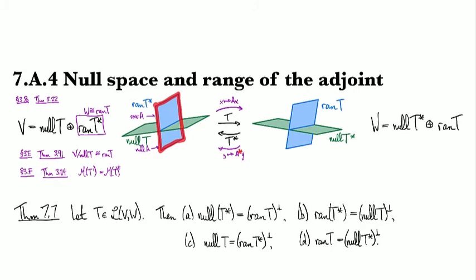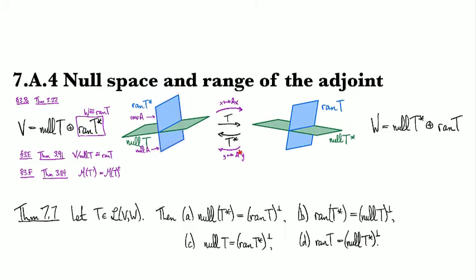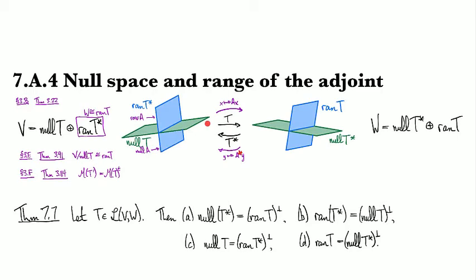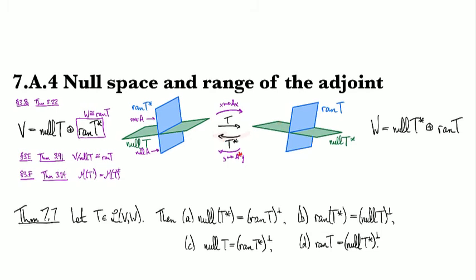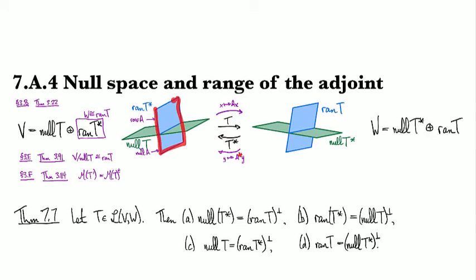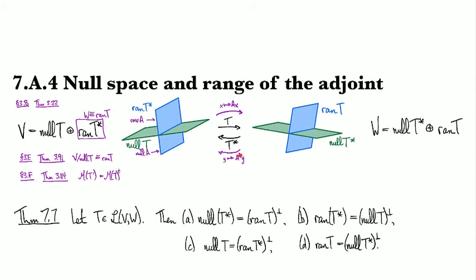This is the range of T star, the adjoint. Meanwhile, that's for the mapping that goes this way, that's T. If we're coming back, then the adjoint maps everything into here, that's its range.